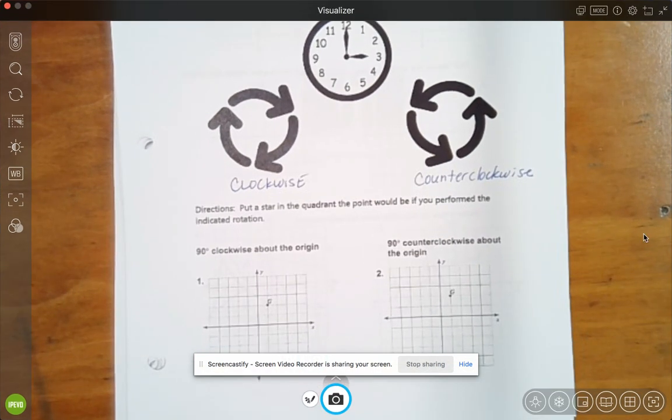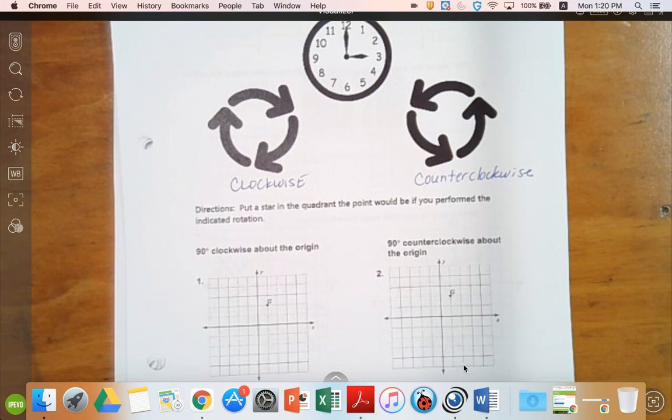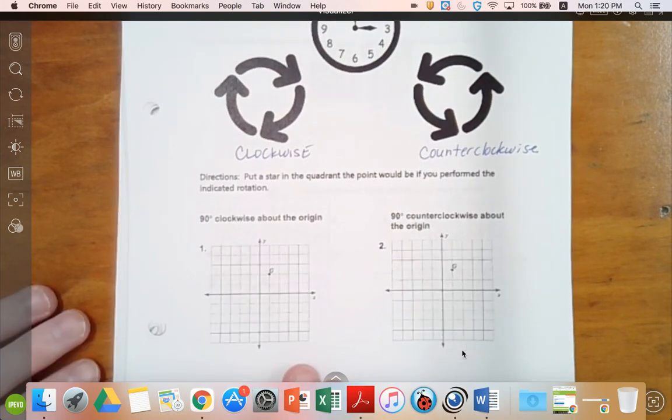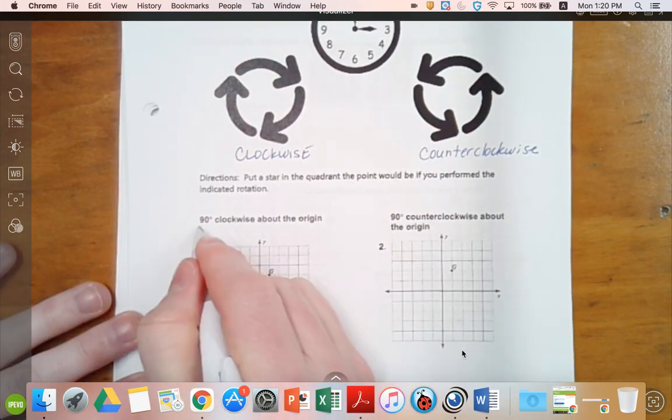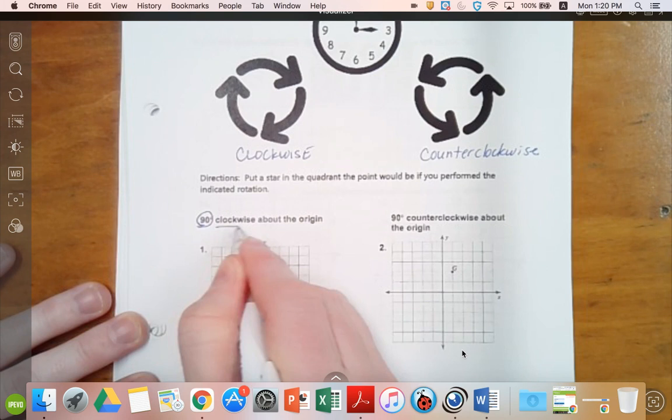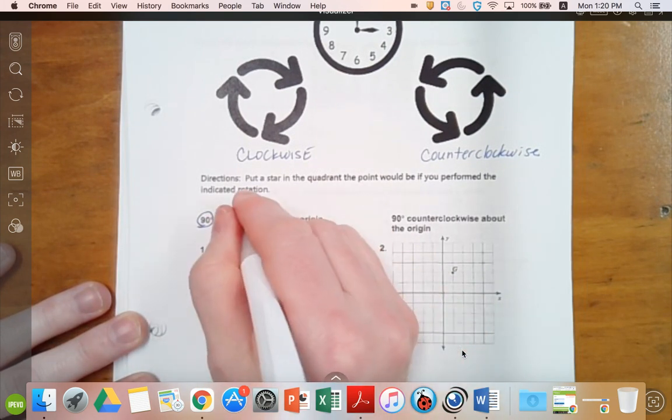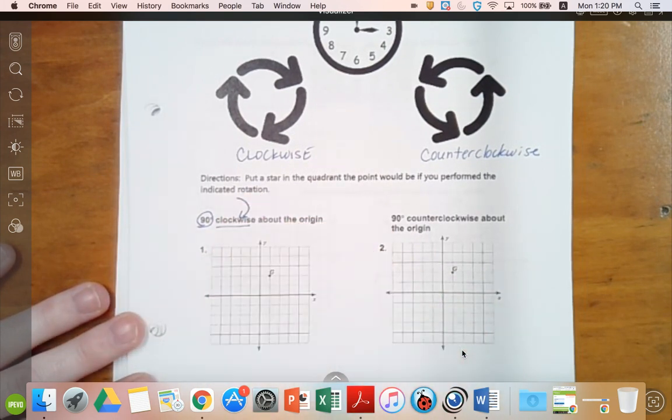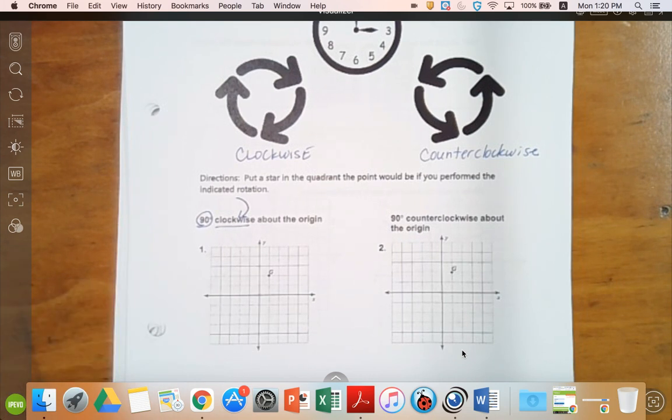All right. So let's take a look at our first one here. It's asking us to rotate this point G 90 degrees, and we're going clockwise. So clockwise is going to be in that direction. All right, and so I've got to think, well, what does 90 degrees mean?